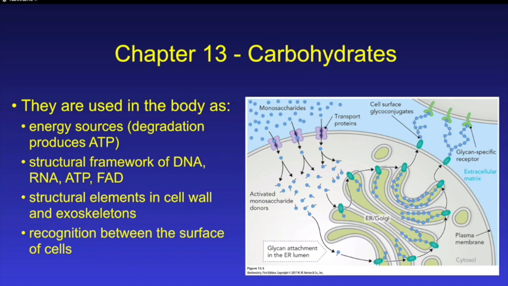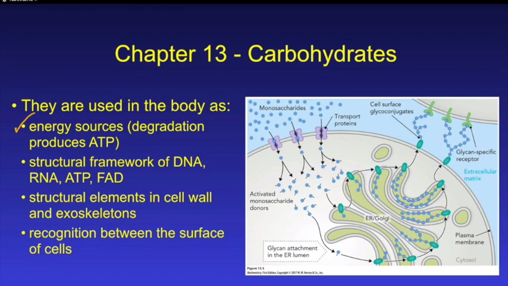When we think of sugar, most of the time we think of energy sources, where we break them down and degrade them to produce ATP in an aerobic form. But much more often, sugars are used in structural and informational ways that we sometimes overlook.